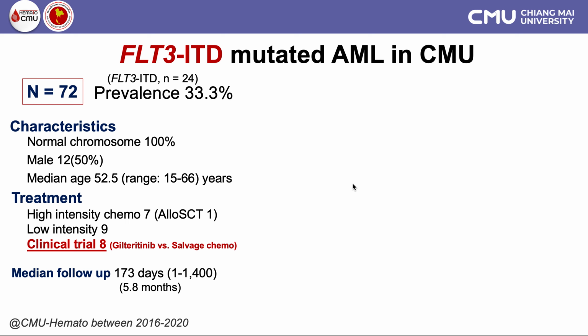Treatment of FLT3 mutated AML with gilteritinib, which is a FLT3 inhibitor, in the clinical trial took part in 8 of 24 cases, with a median follow-up of around 6 months.